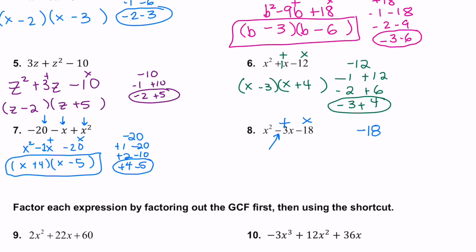So the bigger number is going to be negative. I'm going to write all my factor pairs, 1 and 18, 2 and 9, 3 and 6, where the bigger number is negative. -6 plus 3 gives us a -3. So I put my two parentheses, plus 3 minus 6.